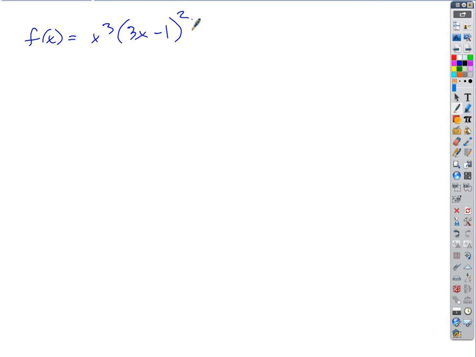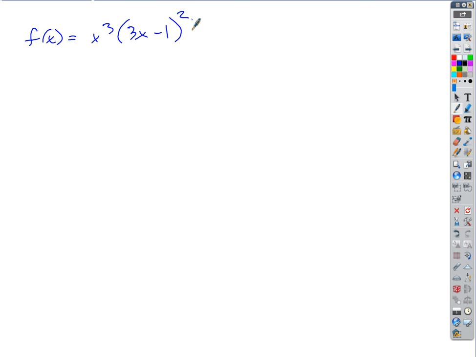There's the function. Let's find the derivative. The first thing you've got to do when you look at this is blur your calculus vision and say, what is that? Is it a power? Is it a product? Is it a quotient? It's a product, right? I've got a factor times a factor.